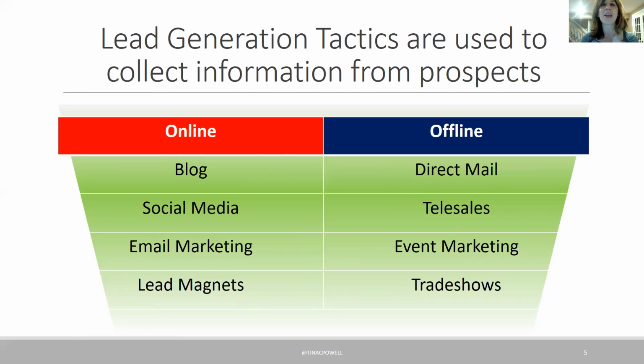At the same time, there are other lead generation tactics that you can use online as well. And these are the ones that are working for you even when you're not. So we've got your blog, we've got social media, and email marketing is a big one. You yourself may notice that you're part of someone's list, and then they drip market.